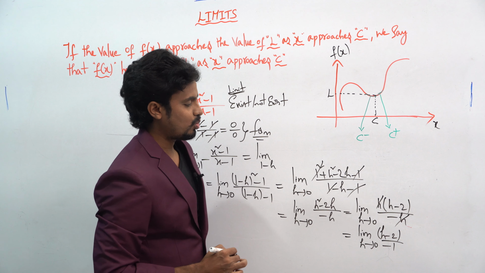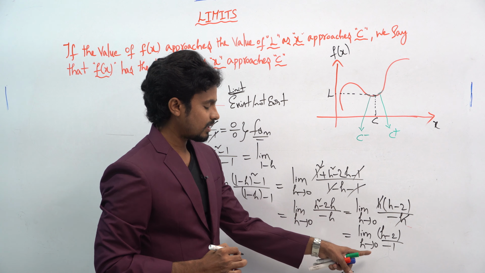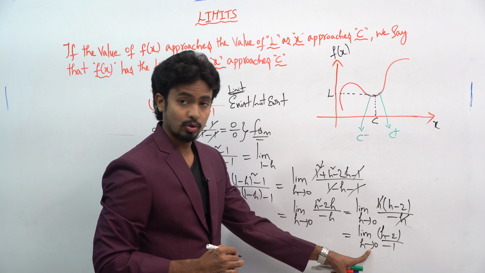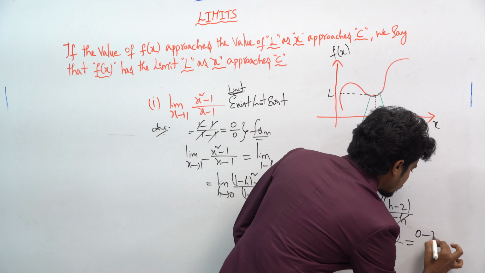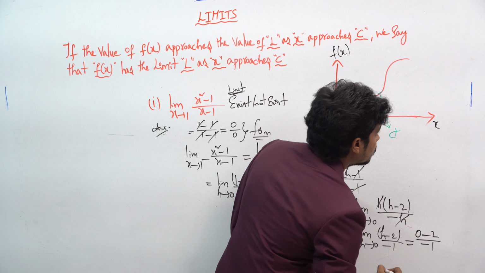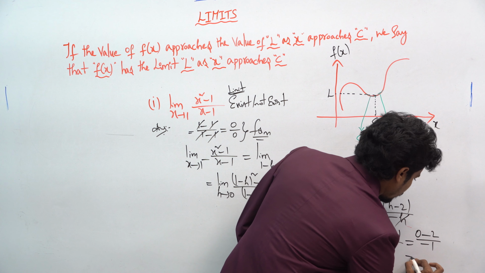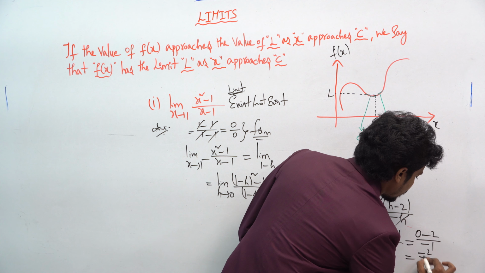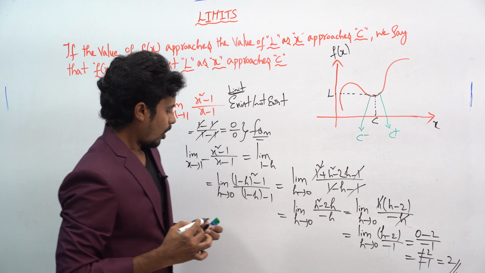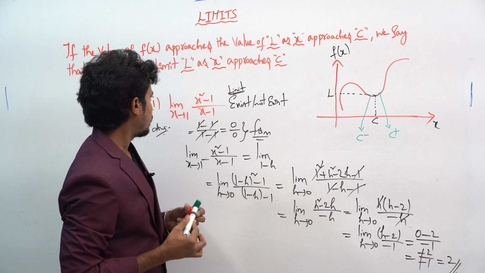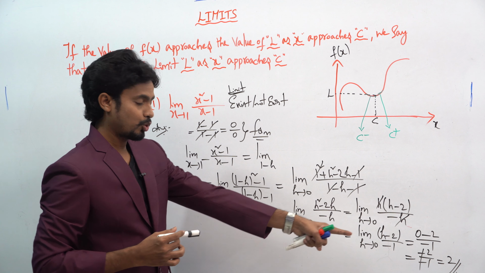So what you have to do? You have to replace h with 0. What will happen? This will become 0 minus 2 divided by minus 1, so minus 2 divided by minus 1 will become 2. How much you will get? You will get the left hand limit to be 2.